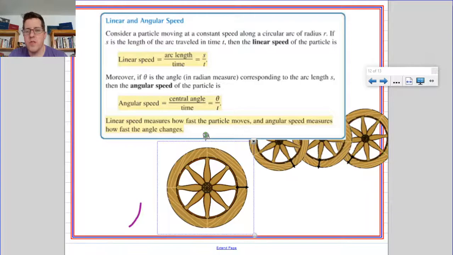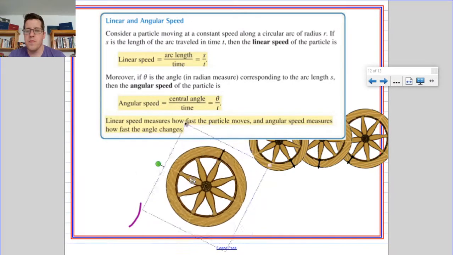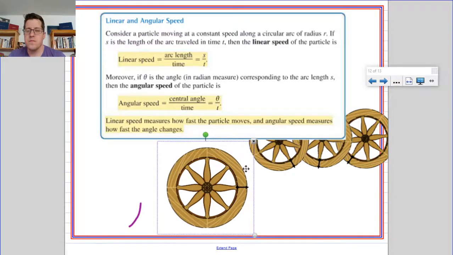That would be 360 degrees per 2 seconds or something like that, right? And we could certainly go faster, or we could certainly go slower. So one of those is angular speed and one of those is linear speed.